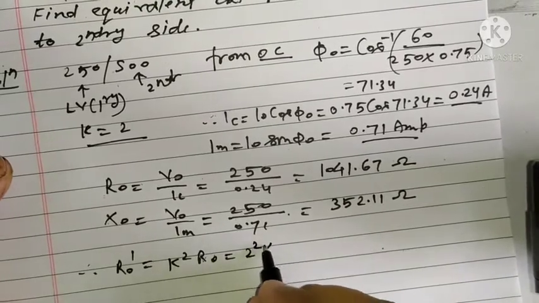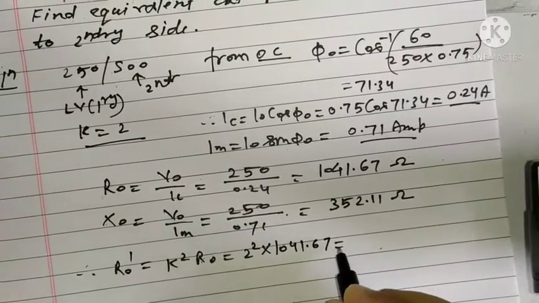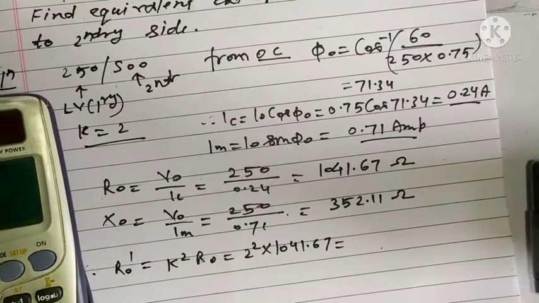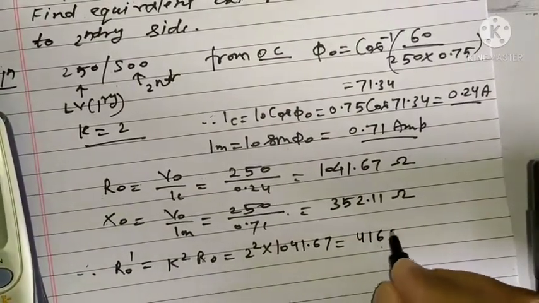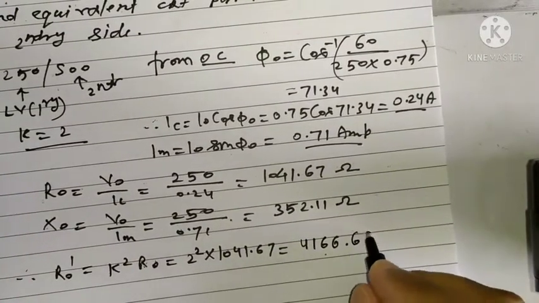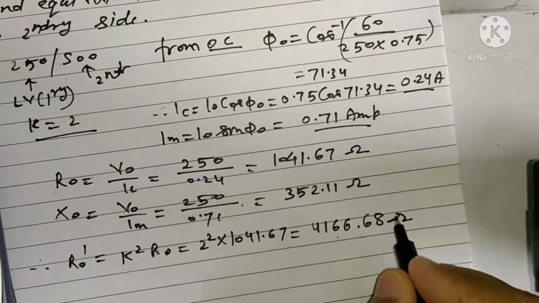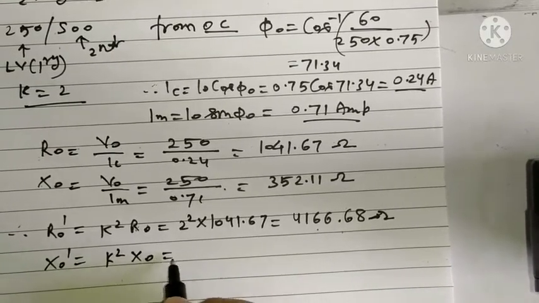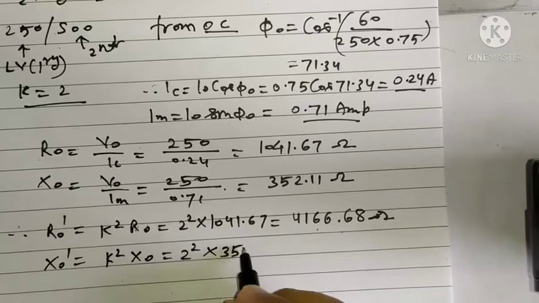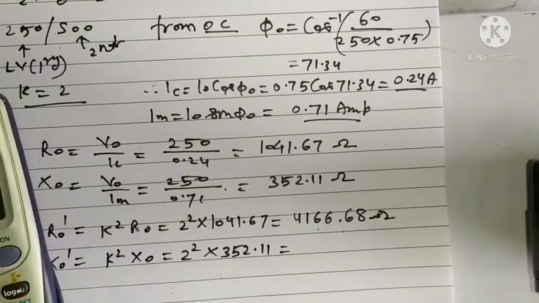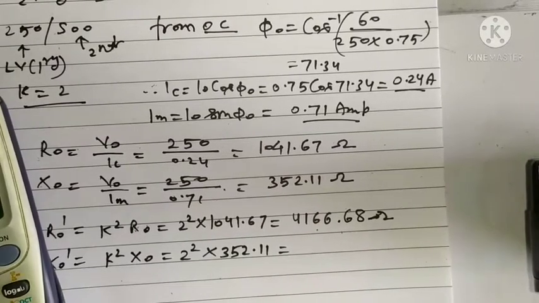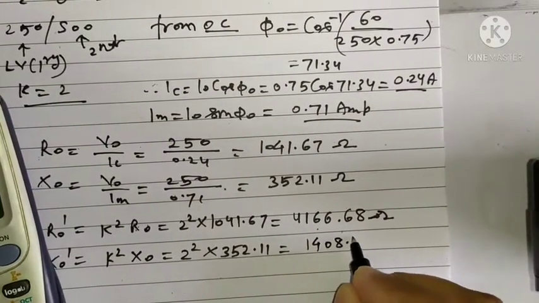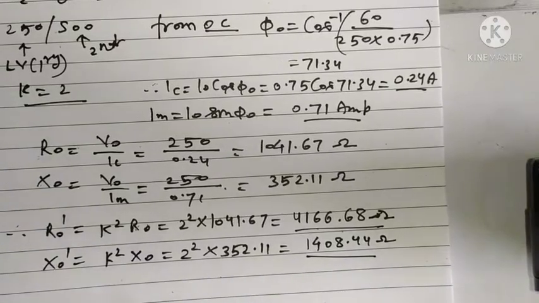That is 2. 2 square into 1041.67 comes as 4166.68 ohm, and X naught dash will be K square X naught, that is 2 square into 352.11, 352.11 into 4, it comes as 1408.44 ohm. So these are the two circuit parameters referred to the secondary side.